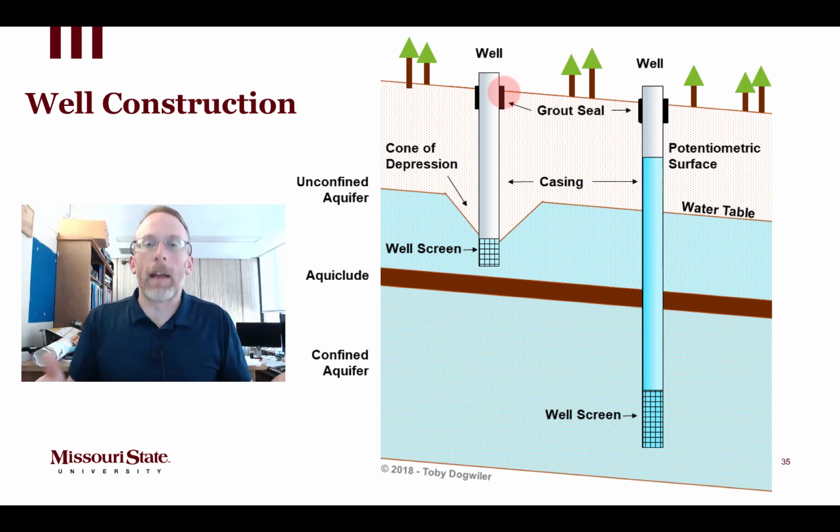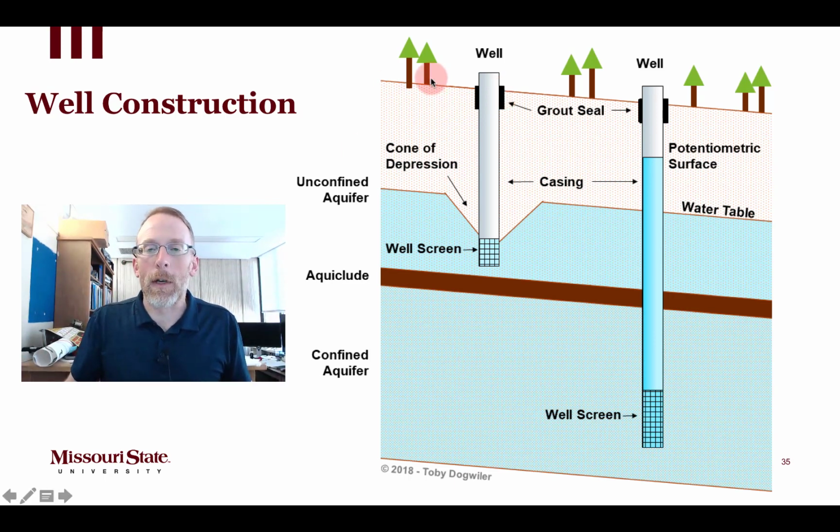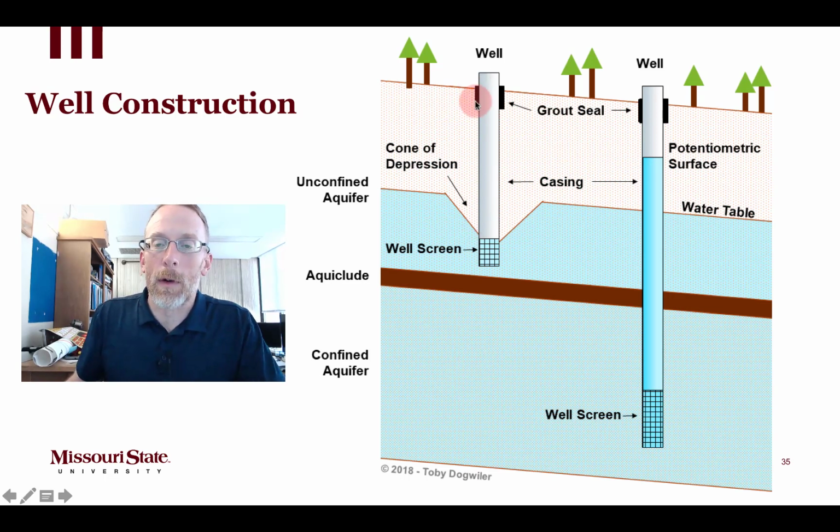It's sort of like caulking a crack on your house or something so that water can't get in or out, because we don't want contaminated water from the surface to come along the surface, intersect the well casing, and then flow down the side of the well to the aquifer. That sort of creates a really advantageous macro pore. So we want to seal the casing off from the surface.